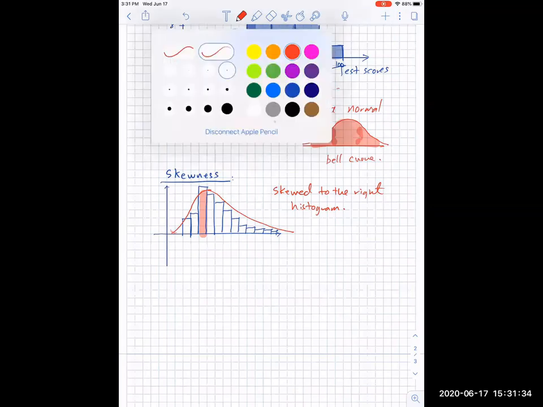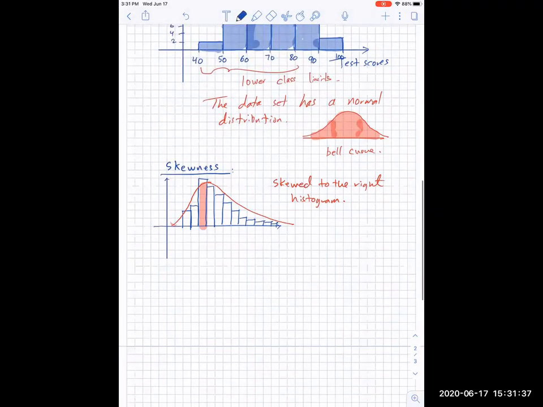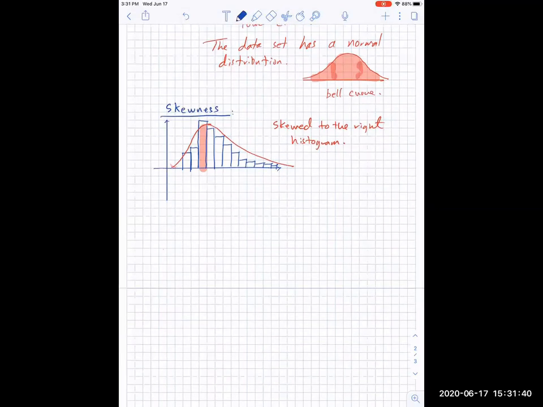Another possibility is that the histogram is skewed to the left. Meaning we're going to start with very low frequency at the beginning, and the bars slowly get higher and higher.